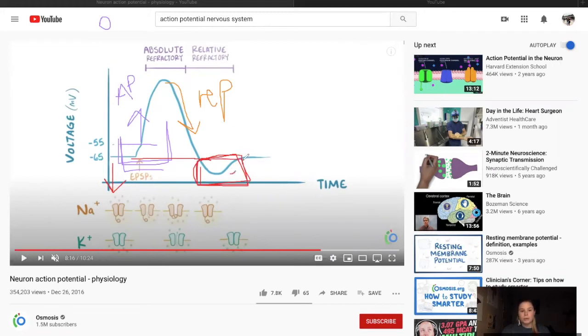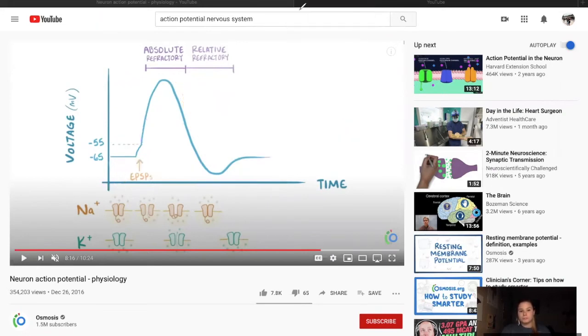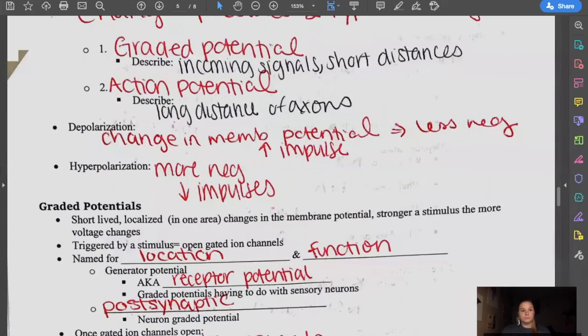And then at some point we'll come back up to that -65, -70, right? So these are our hyperpolarization and our repolarization. Right, so depolarization, we change the membrane potential to become less negative. That's when we're going up, right? And then hyperpolarization is we're too negative and we're decreasing our amount of impulses, okay?